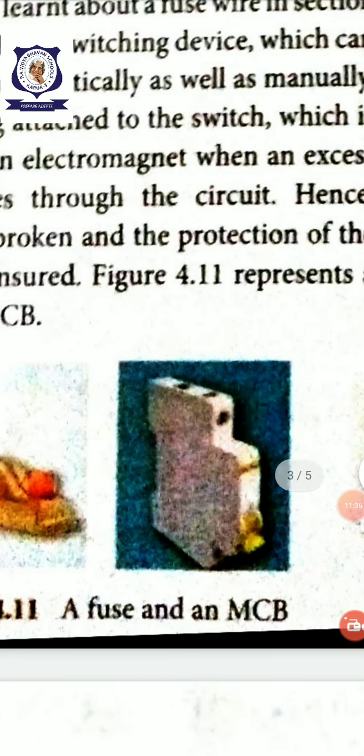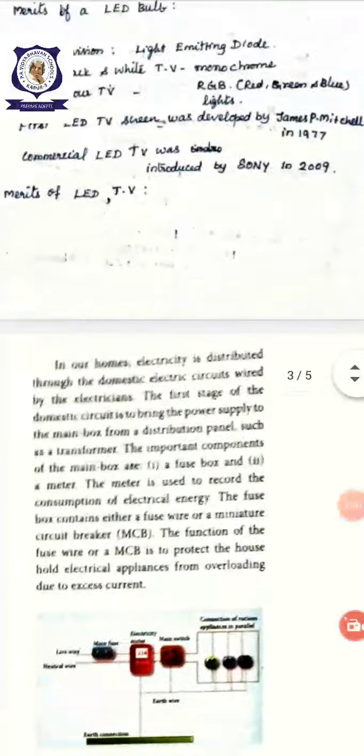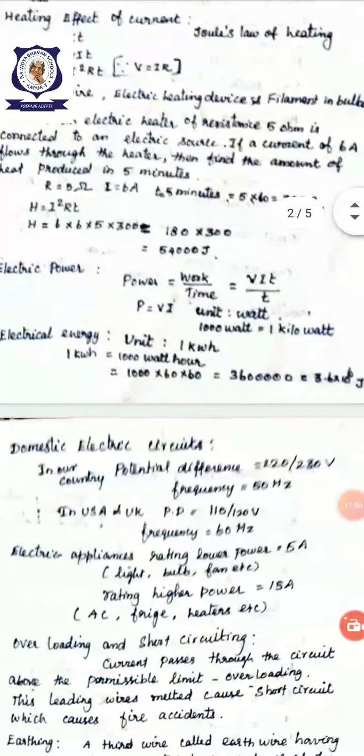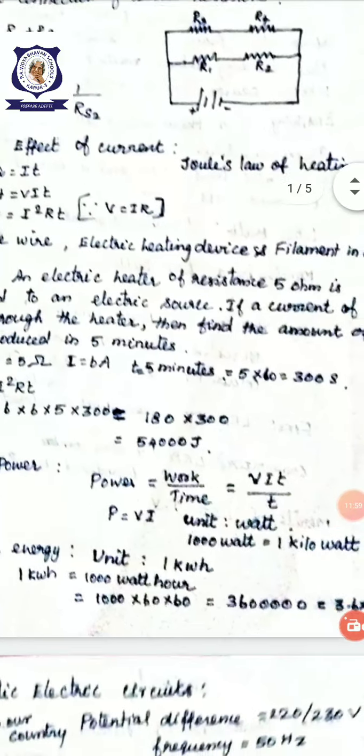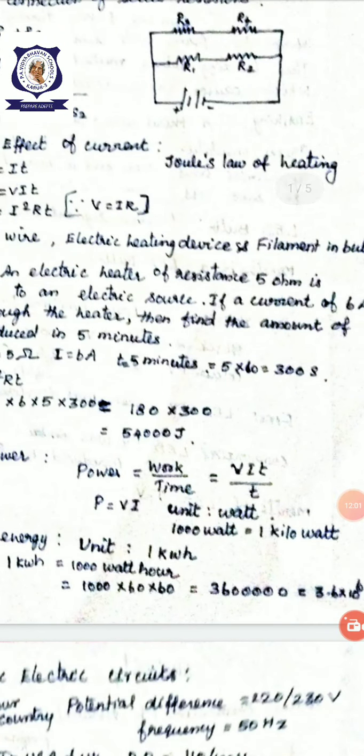The second one is used wherever heavy power consumption is involved. Is it clear? It is a best example for the heating effect of current. And then another one, electric heating devices. For example, electric water heater, electric stove and electric iron box are some electric heating devices.